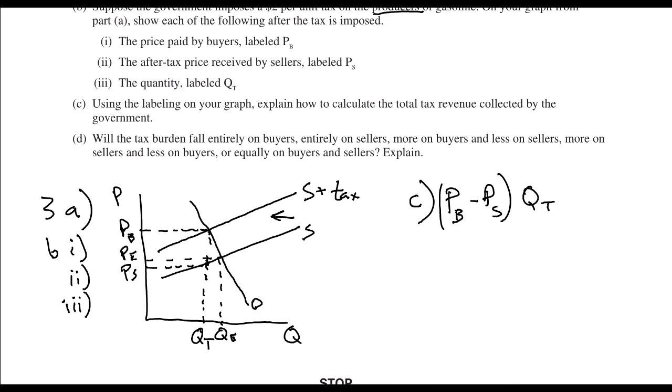So that's how many the government is collecting on. So P sub B minus P sub S, that's the amount of the tax, times the quantity that are being bought, equals the government, I'm running out of space, I'll just write it here, revenue. There we go.